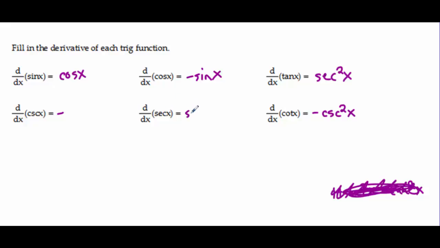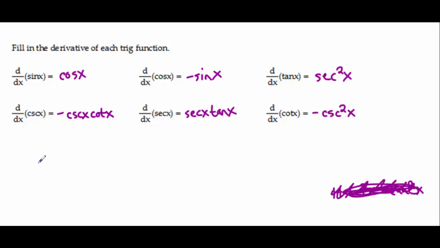The derivative of secant is secant x tangent x, so secant has secant and also the trig function that ends up being associated with secant, which is tangent. So cosecant is going to be negative cosecant x cotangent x. So you need to work on memorizing those if you haven't already, and that's a way to look at them as being connected. Instead of memorizing 6 things, it's really more like you're remembering 3-ish, kind of.